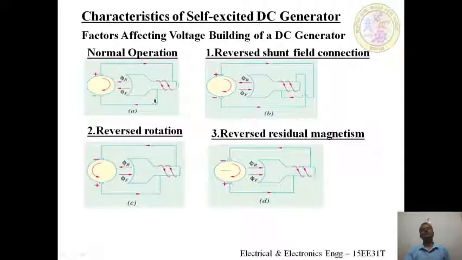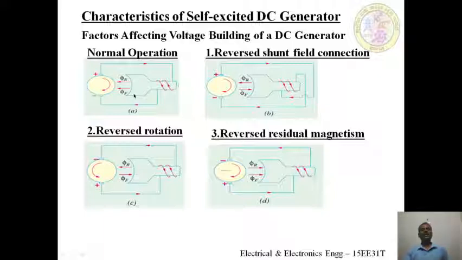There are some factors which will affect the voltage building up of the DC generator. Those are reversed shunt field connection, reversed rotation, and reversed residual magnetism. To understand these adverse effects on the voltage building up, let us see with the help of these four diagrams.